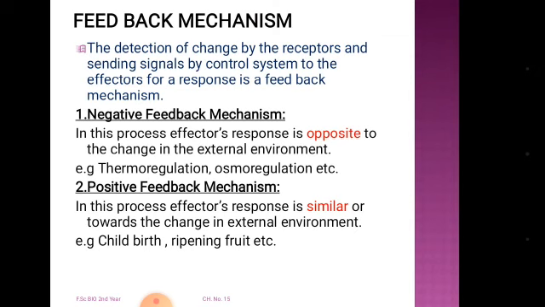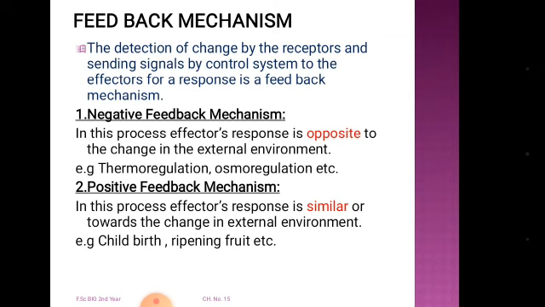We have receptors. Those receptors receive some signals and send them to the control system, which processes the information and sends it to the effectors, where they show response. This is known as the feedback mechanism.